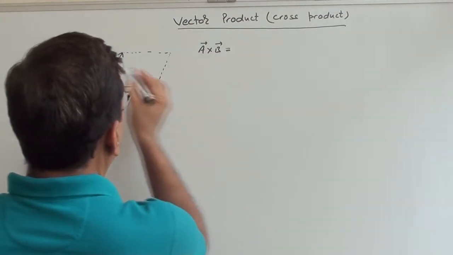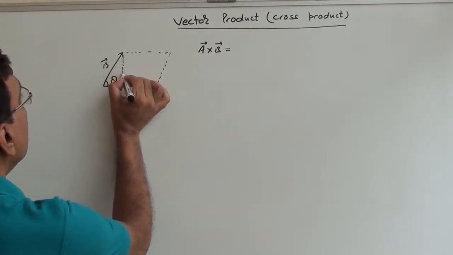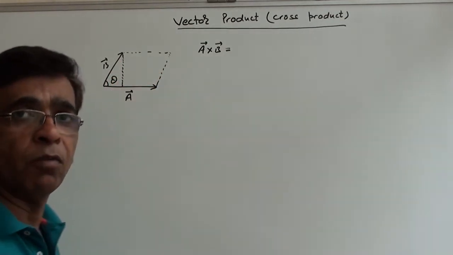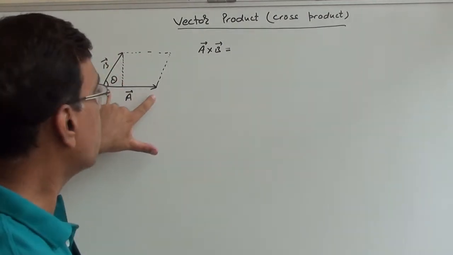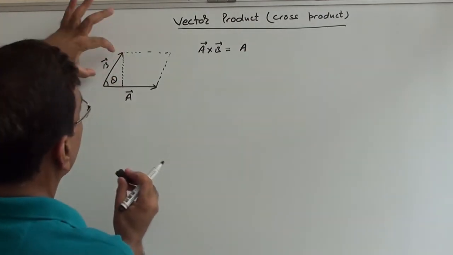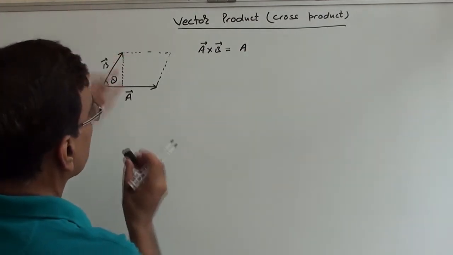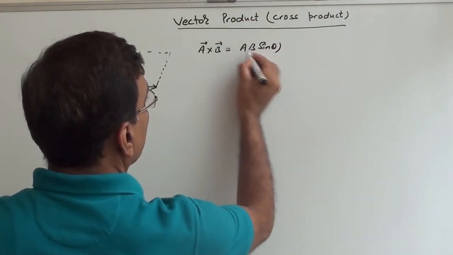How can we find the area? Area of a parallelogram is base into height. Base is A. And what is the height? This is B cos theta, this is B sin theta. So the area is A B sin theta.